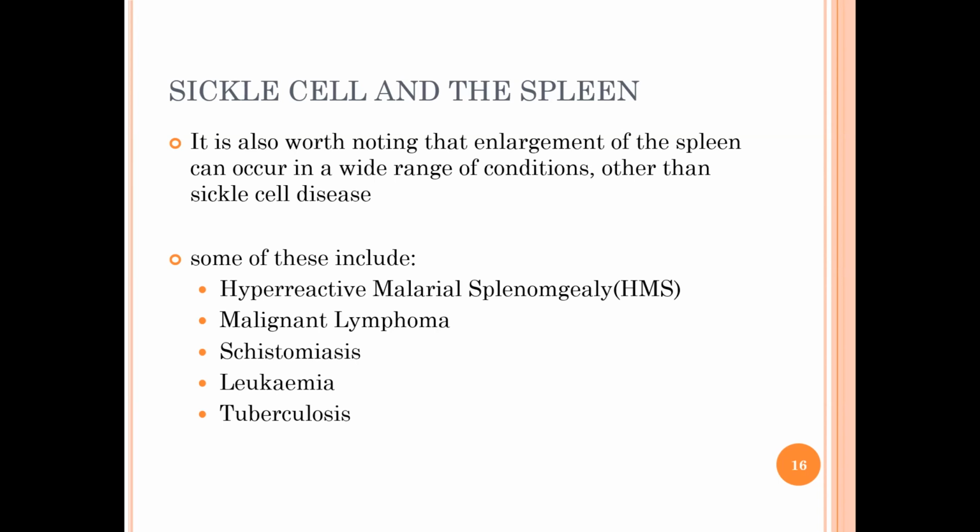If you have a leukemia, so basically cancer of your blood, you can have an enlarged spleen. Even tuberculosis can cause an enlarged spleen. There are many other causes that I didn't put here, but all this slide is trying to get you to understand is that, yes, sickle cell disease can cause an enlarged spleen, but that is not the only thing that causes an enlarged spleen. So yes, unfortunately, you can have sickle cell disease and something else that is causing an enlarged spleen.